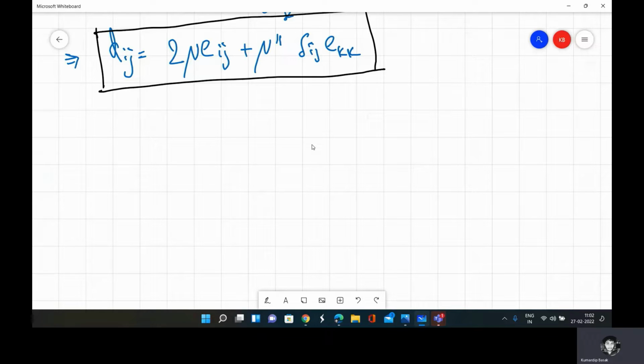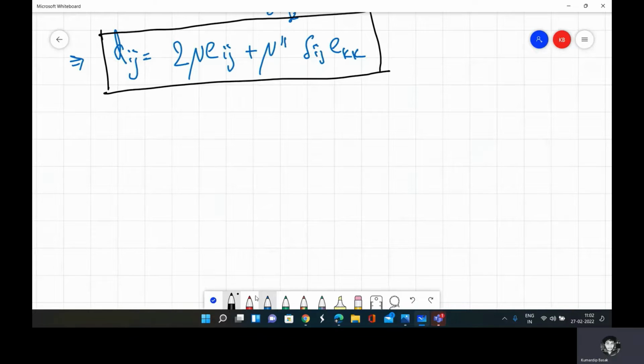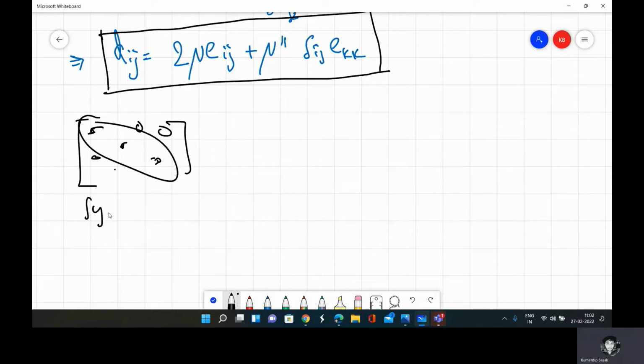Fine. Now we can do another simplification. We know that dij was a symmetric traceless matrix. As you can remember, it was in this format and 0 everywhere. So we derived that this was a symmetric matrix first of all and a traceless matrix. The trace was summation 0. We have used the symmetric condition. Now we have to use the traceless part. If dij is a traceless matrix, dii equals 0, that is d11 plus d22 plus d33 equals 0.